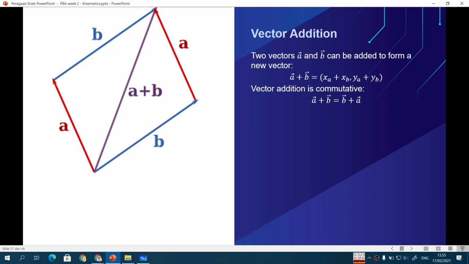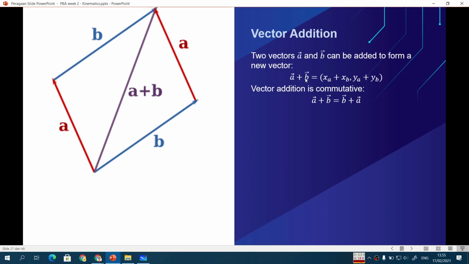Okay, what about the operations of two factors? We have the factor addition. Two factors a and b can be added to form a new factor as described here. I have a and then I have b. I can add a with b to form this new factor, a plus b.